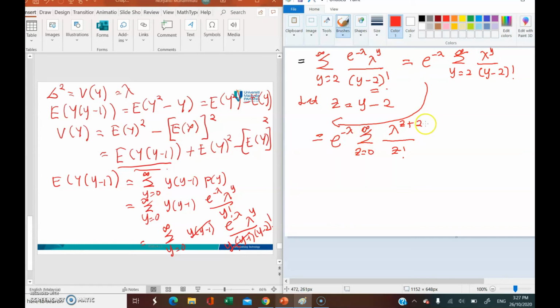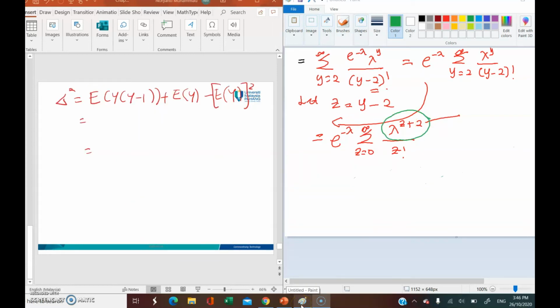Okay, so if you look at this part, actually it is lambda power z times lambda power 2. So basically you will have exponent e negative lambda, and then lambda squared, which doesn't have any z, you can bring out outside.